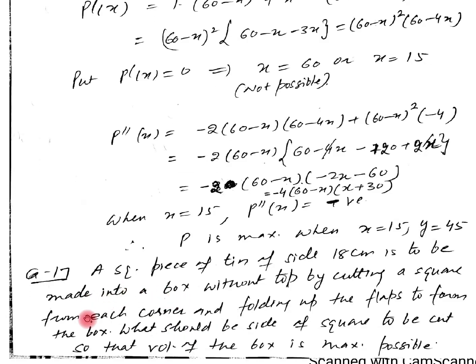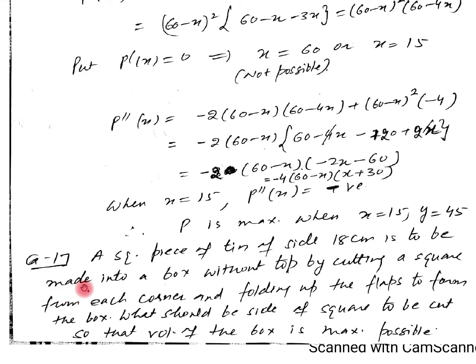Now here is the next question, one of the important questions. See it here. A square piece of tin of side 18 centimeters is to be made into a box without top by cutting a square from each corner and folding up the flaps to form the box.